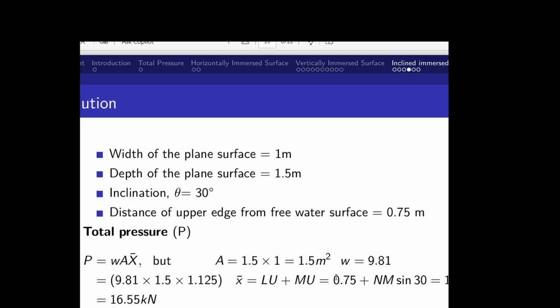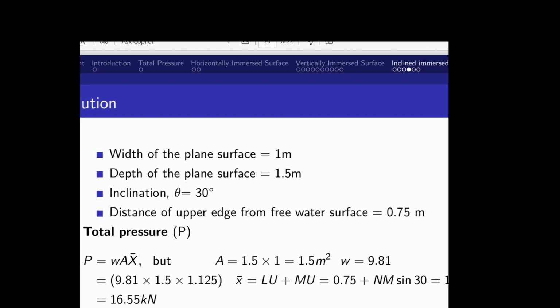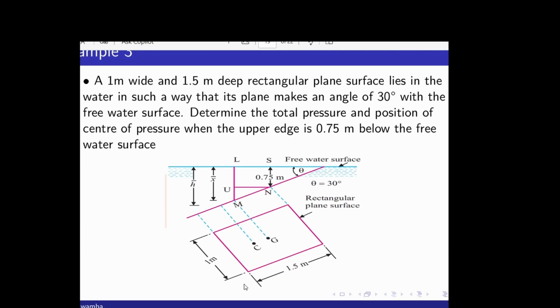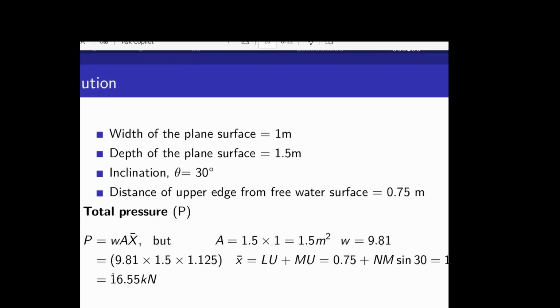Evaluating everything here, you get 1.125 meters. Then you substitute your x bar there, the 1.125. The area of this rectangular figure is 1 times 1.5. Then evaluate, and you get 16.55 kilonewtons for pressure.